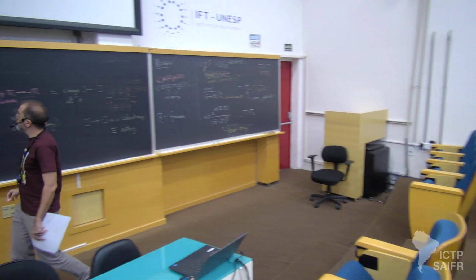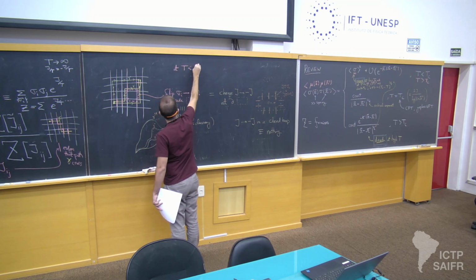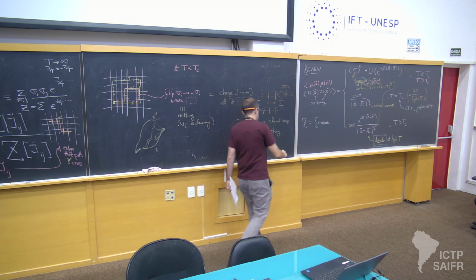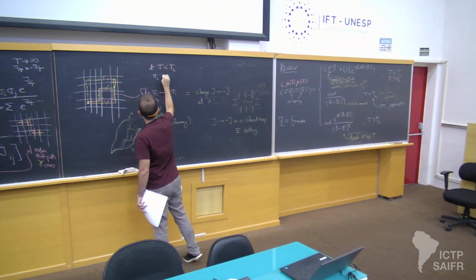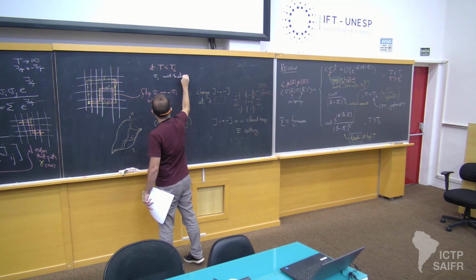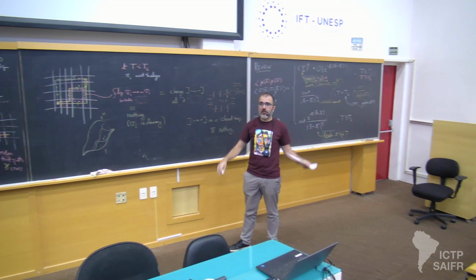Moreover, at t smaller than tc, we know that the sigma i wants to align. They want to all point up, right?